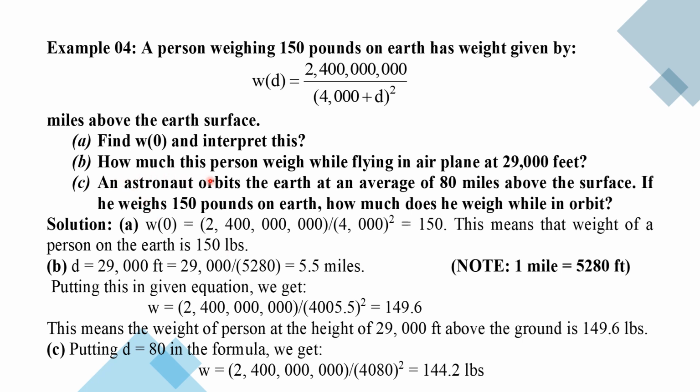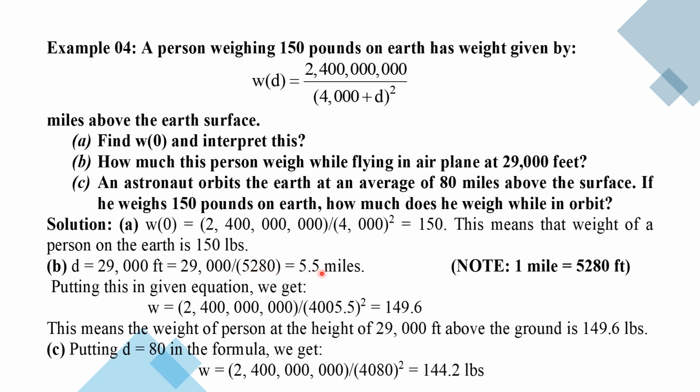Part B: how much did this person weigh while flying in an airplane at 29,000 feet? 1 mile is equal to 5280 feet. So D is 29,000, and to transfer into miles we divide by 5280, giving 5.5 miles. If 1 mile is equal to 5280 feet, then 1 foot is 1 over 5280 mile, which is why we divide.